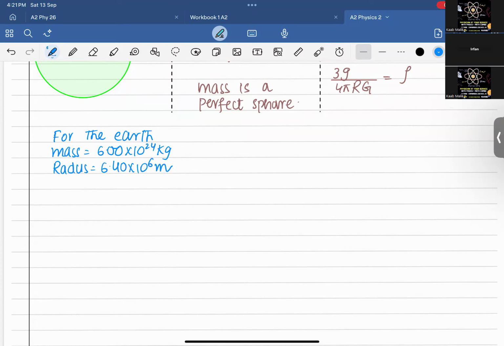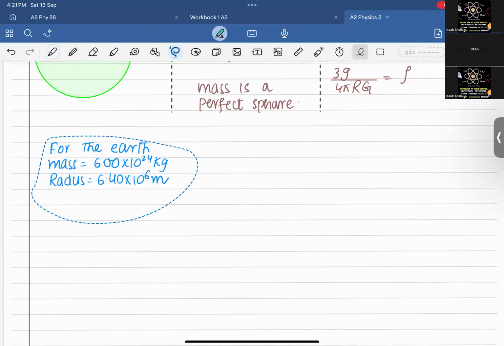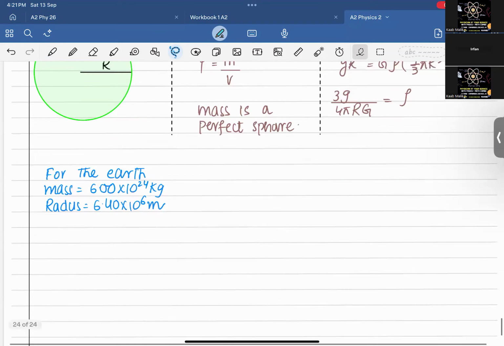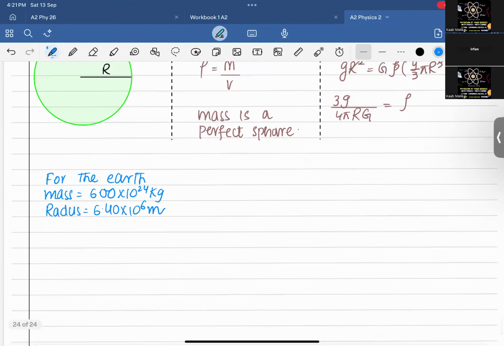This is for the Earth. So can you find out the density of the Earth? You just need to put in the formula and solve.